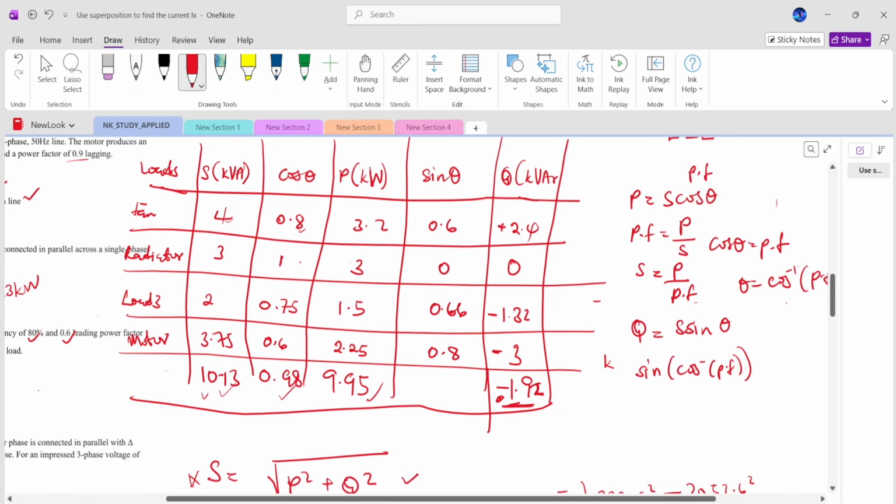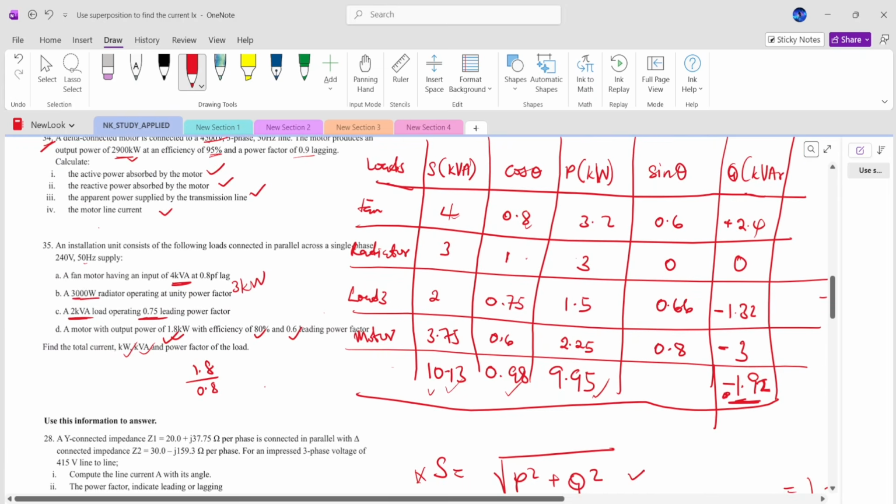Now, the question asks us for the total current, right?